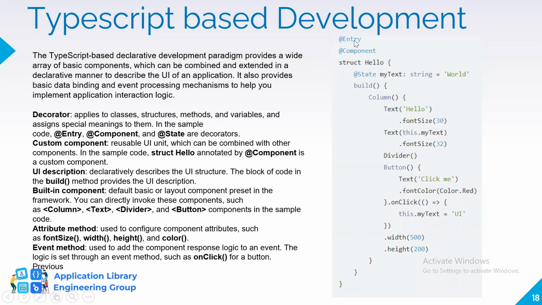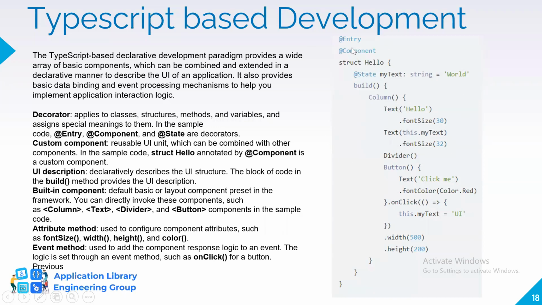It has some decorators, followed by a data structure called struct and the component name, followed by a build method wherein all your UI is actually defined. Your UI structure will generally be found within the build function. So this is the basic syntax of your ETS file.